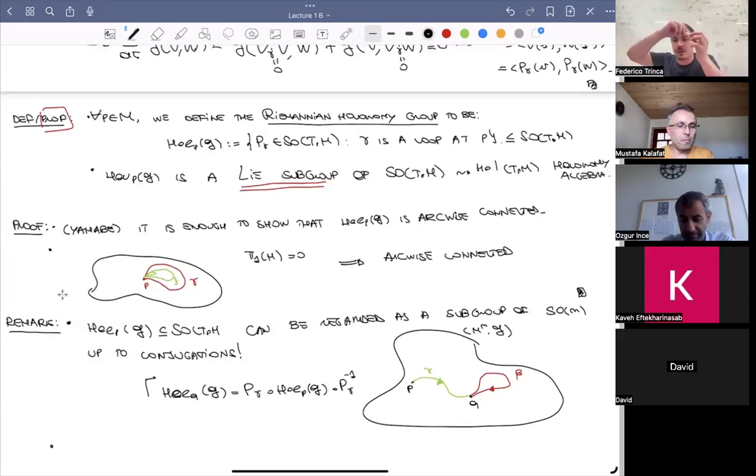So essentially, I go along gamma, I take the holonomy group, and I go back to my original point. And I'm just doing a conjugation, and so this is well-defined after conjugation.